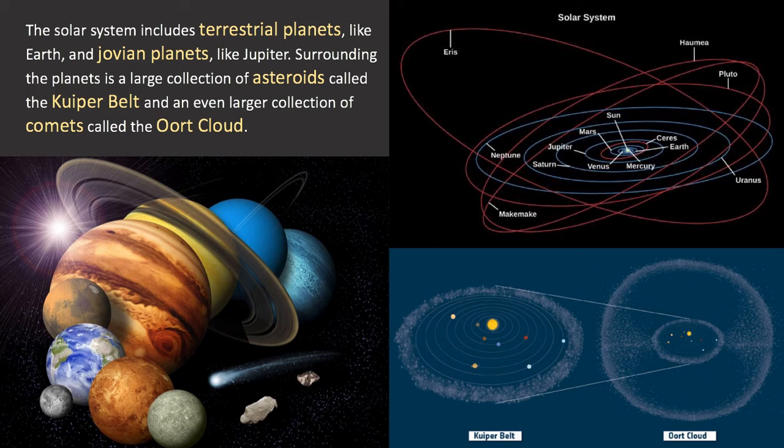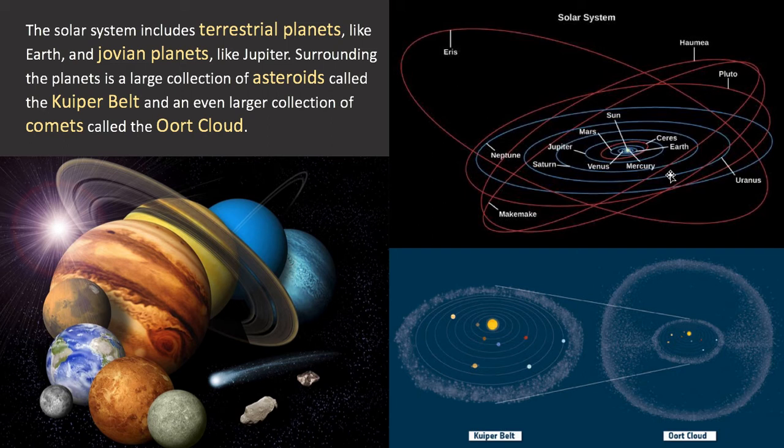The planets that we're going to focus on are immediately surrounding the sun, but there is an extended solar system that goes beyond that. If you look at the picture in the upper right, you can see the orbits. The blue paths are the planets, and then there are some dwarf planets like Pluto and asteroids in red. So those other orbits are asteroids.